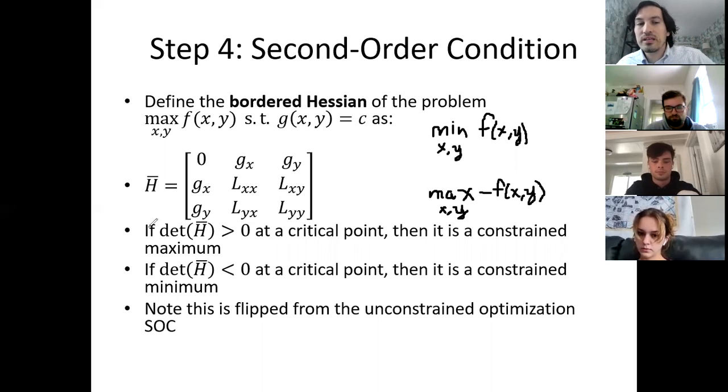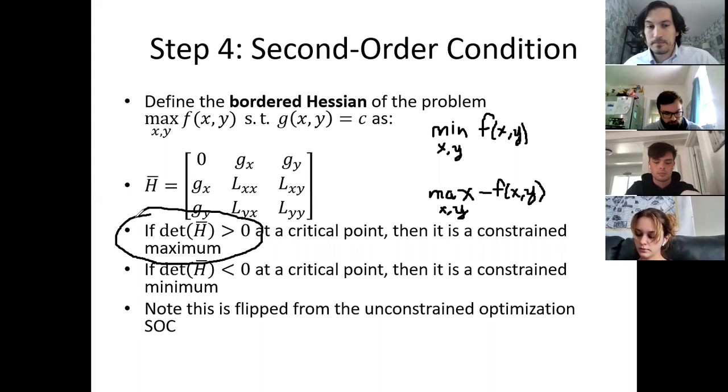But just don't get confused with these definitions. For those it does matter: for a bordered Hessian constrained optimization problem, positive determinant implies the maximum, negative determinant implies the minimum.